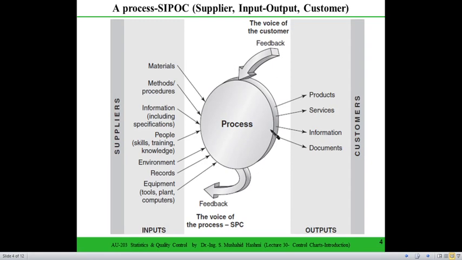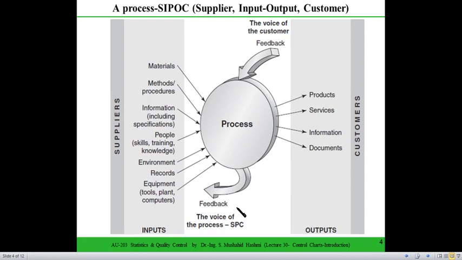At the same time, you are undertaking a certain process, and whether your process is in control or not in control, you are using statistical methods, what you call SPC, statistical process control. This is something we usually call the voice of the process, and we will deal in quite some detail with statistical process control later.